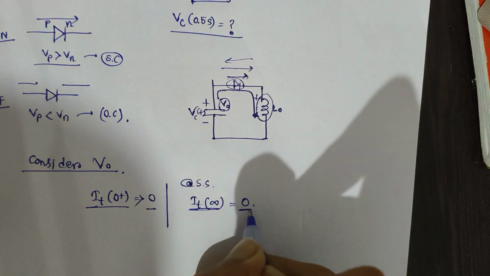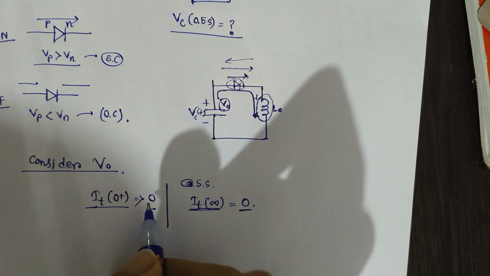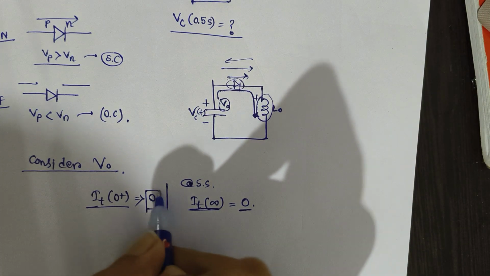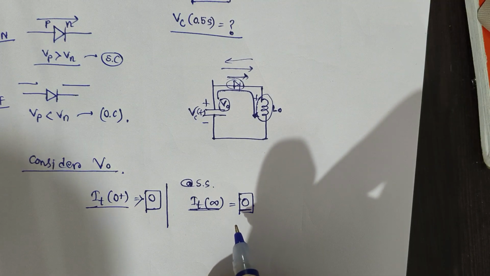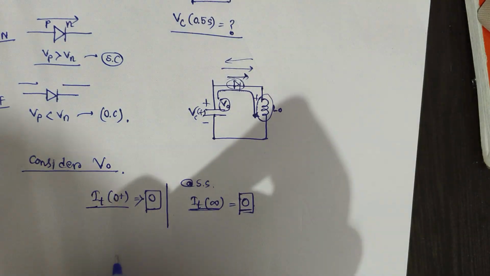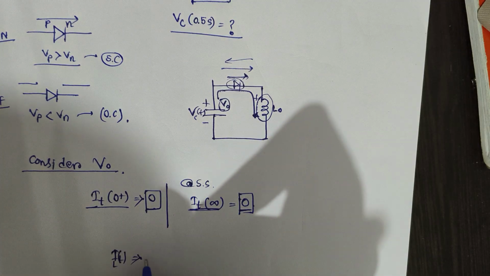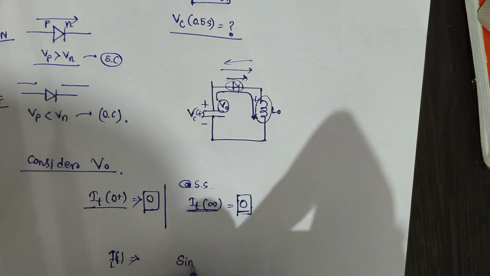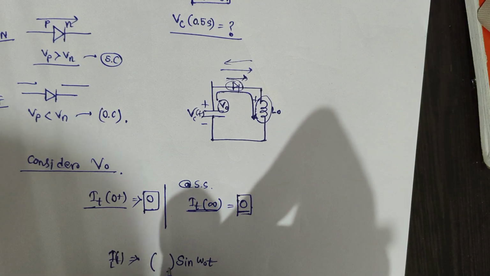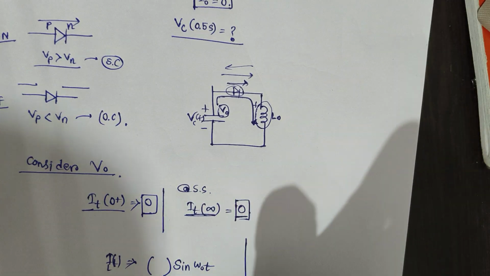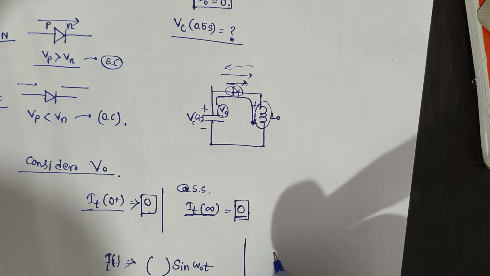So what we know, who follows this equation, 0 at the starting and 0 at the finishing? It is sine, right? So the equation of IL(t) will be sine omega naught t. And what will be the value? The value depends on what is charging or discharging it.